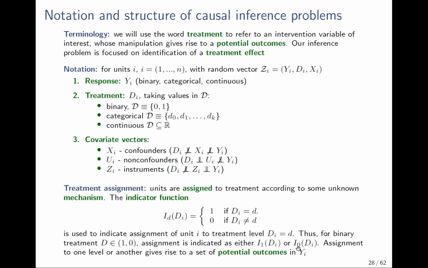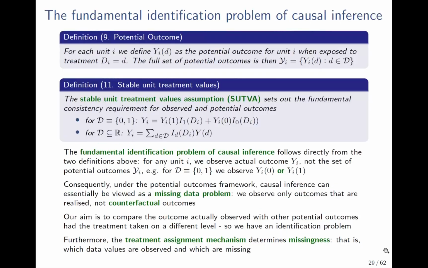And assignment to one level or another is what's going to give rise to a set of potential outcomes in random variable y. In other words, that's what's going to allow us to define different values or different versions of y for each unit in the sample. So now let's just define what a potential outcome is, and we're defining this at the unit level.